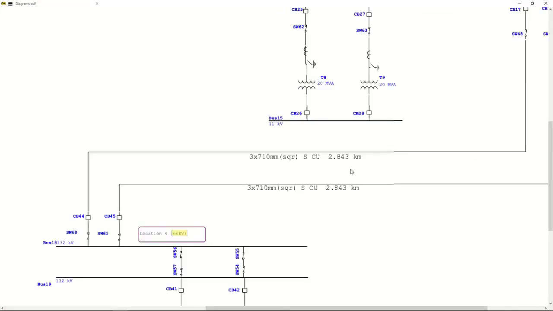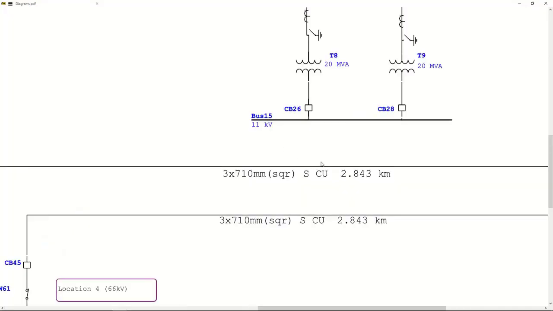Now, notice we have a different cable that is used here. Now the cable references, they are not giving us the amperage, the rated current of the cable. They are now giving us the area of the cable, which is 3 times 710 millimeter square.